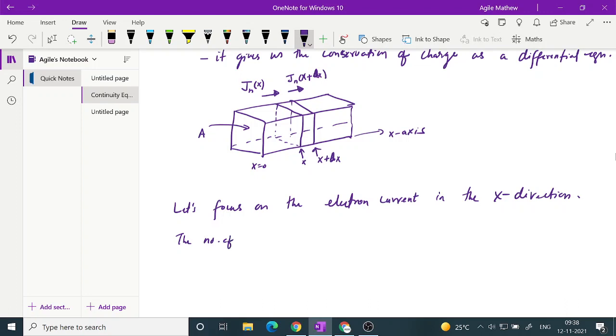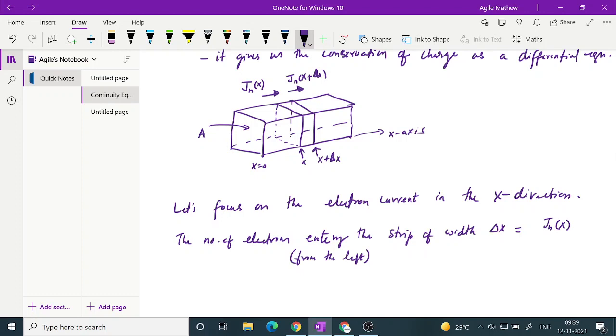The number of electrons entering the strip of width delta x, say from the left, is equal to, if the current is known, we can find the number.